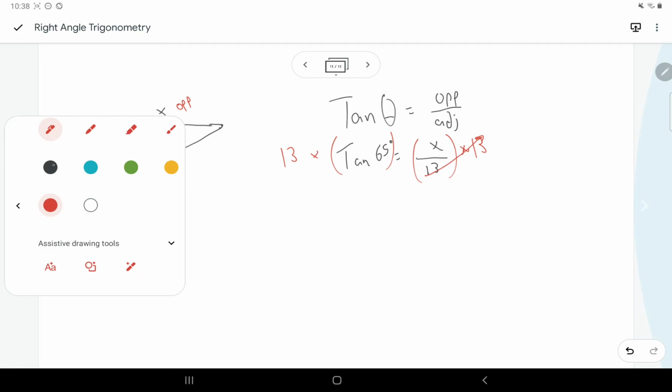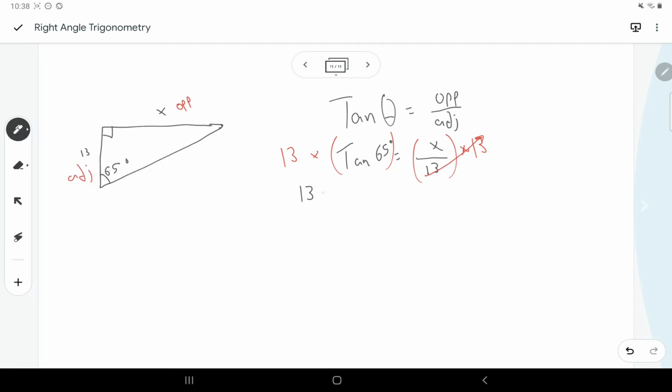So if I were to rewrite this just for clarity's sake, we'd end up with 13 times tangent of 65 degrees equals x. Now we can solve the left side since all of that is solvable over there. So we've got 13 times the tangent of 65, which is roughly 2.1445. Again, just keeping those 4 decimal places.